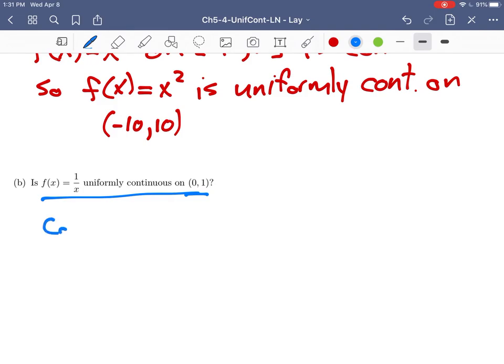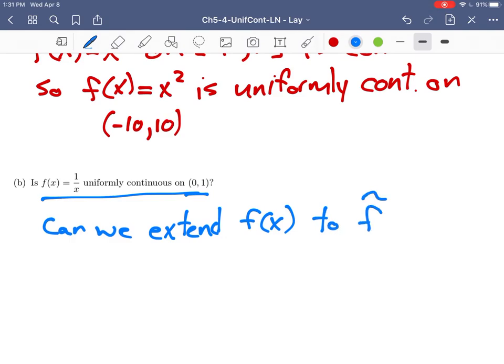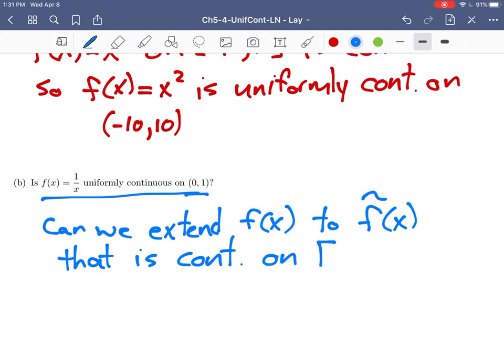Right, so can we extend f of x to f tilde of x that is continuous on the closed interval from 0 to 1?